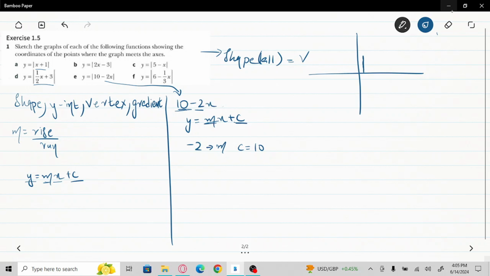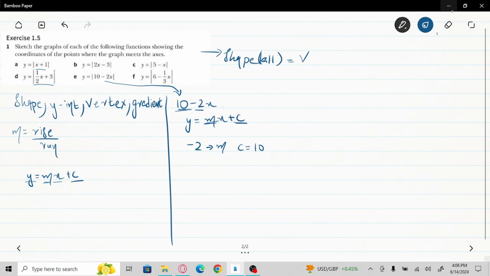So the upward or downward changing values are the rise, and the run is the values changing on the x-axis. For example, from -2 we go to 2. So this is the run. The changing x values are the run, and the changing y values are the rise. That's a simple trick.